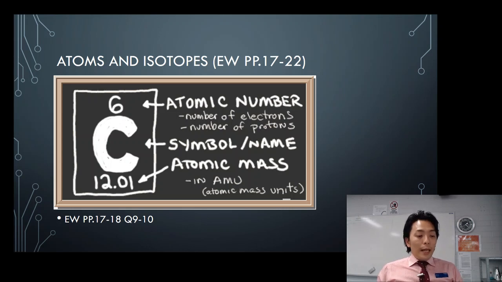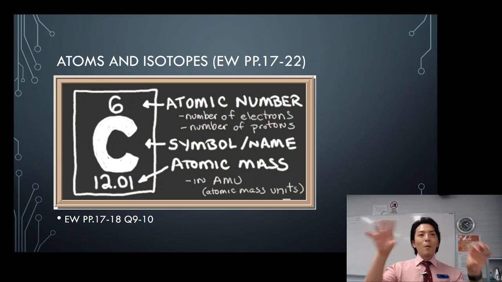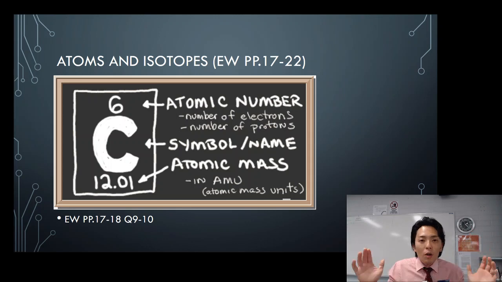And then atomic mass at the bottom is in the unit of AMU, atomic mass unit. If you have what's called 1 mole, that's a number of atoms stuck together, it's like 1 dozen. 1 mole, 1 dozen, sort of the same thing.